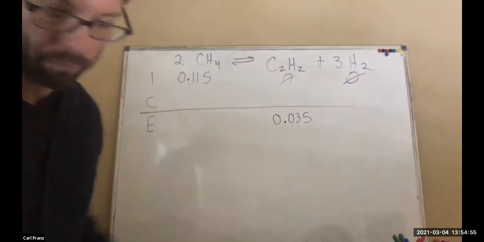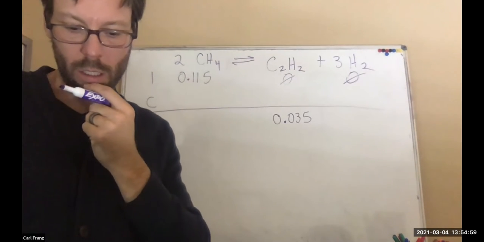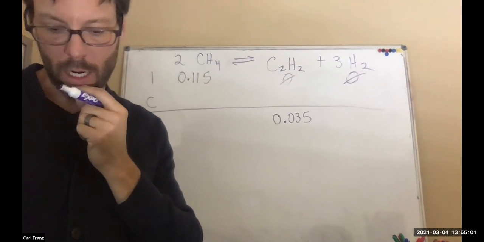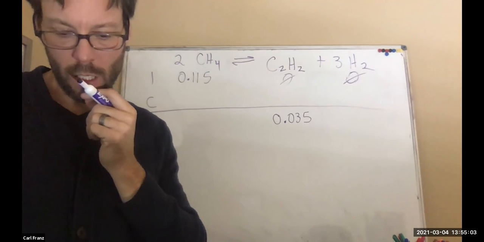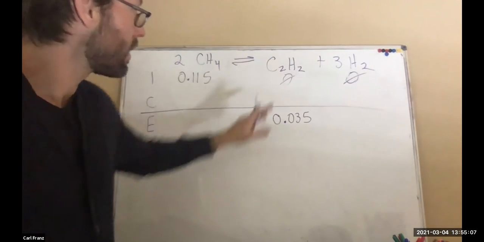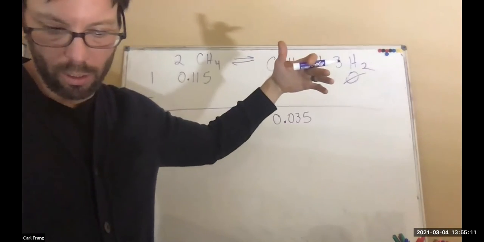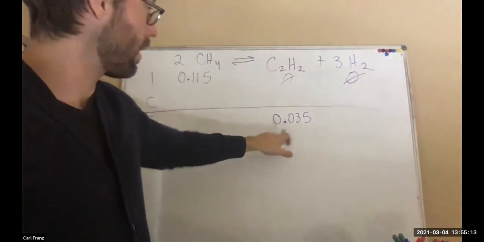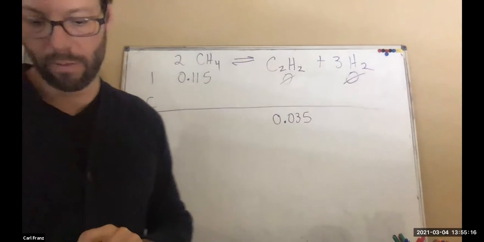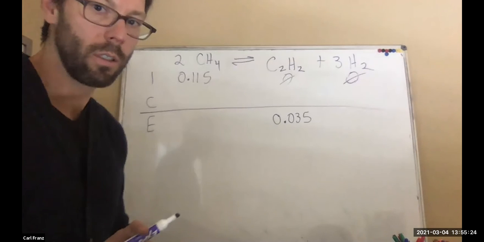Okay. So how do we know what this must be? 0 and what kind of change gives me 0.035? Minus X. Close.